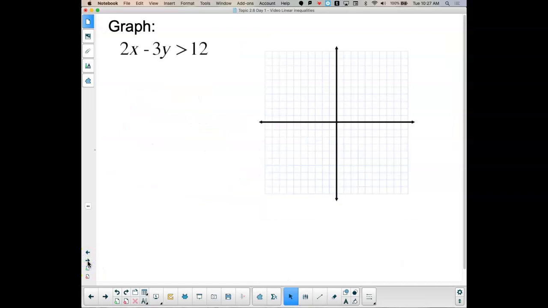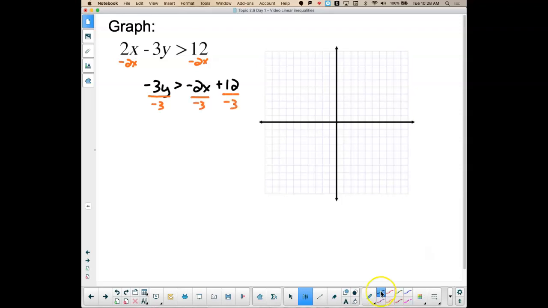Next one. First off, I'm going to get it into y equals mx plus b form. So the first thing that I am going to do is I'm going to subtract 2x from both sides. That's going to give me negative 3y is greater than negative 2x plus 12. Then I'm going to divide every term by negative 3.